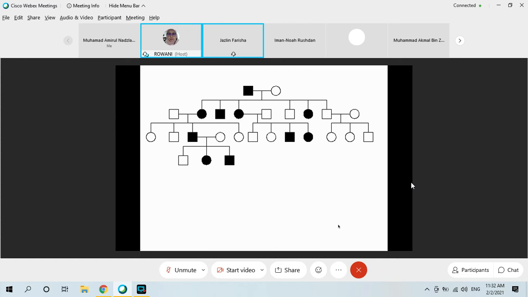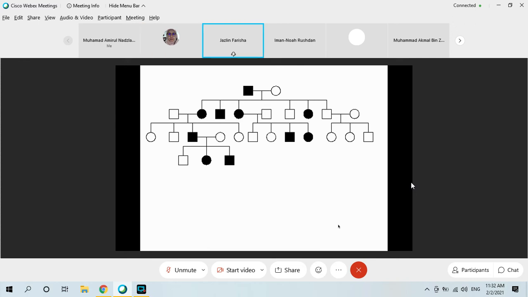Yes. You tak payah cerita first generation, second generation. Just say that in the family the disease affects male and female. The male can transmit the disease to the daughter and son, and the son can transmit the disease to daughter and son juga. So what mode of inheritance is this?